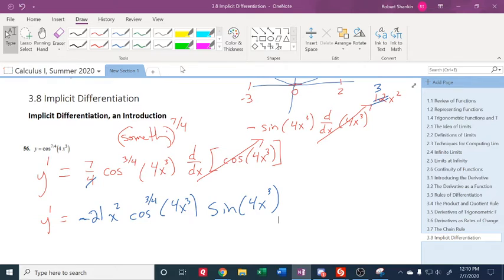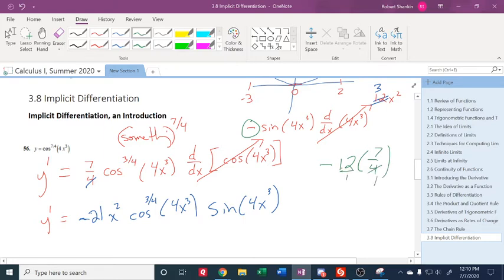There's this negative sign right here. There's a 12 right here. And there's a 7/4 right here. Negative 3 times 7 is negative 21.